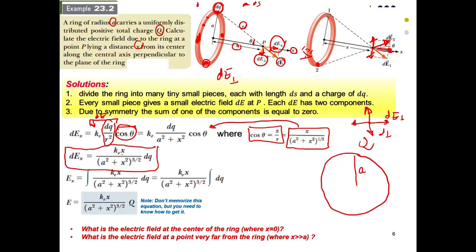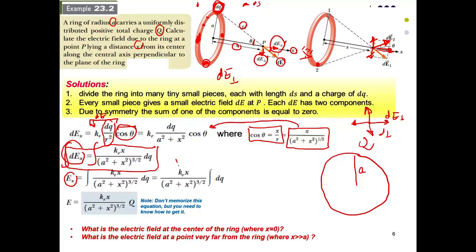Now, a few questions we need to ask ourselves. This is only one component of the electric field produced by that small piece. So what about the others? We just do integration. You do integration here, you do integration there. Integration of the left-hand side is simply going to give us Ex. Integration of the right-hand side, let's think about it. Do you have any constants from this?